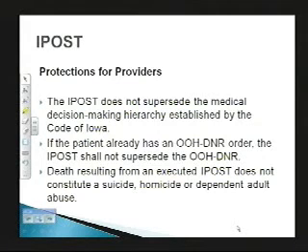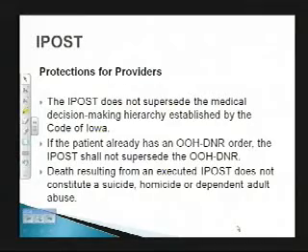If someone's gone to the trouble to get a physician's order to have an out-of-hospital DNR, which currently in Iowa is only available to terminally ill persons, then the iPost does not supersede that. If they have a DNR order in their home, on their person, that's the highest priority. And the paramedics are aware of that.